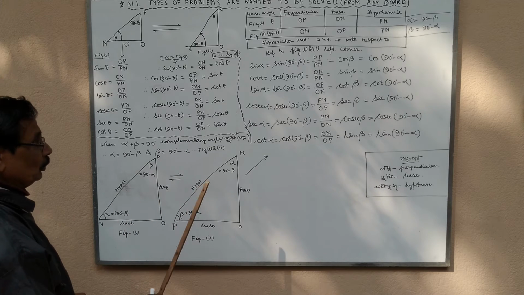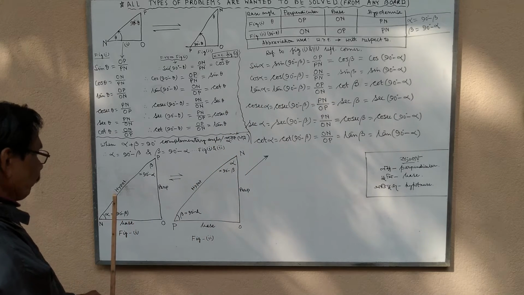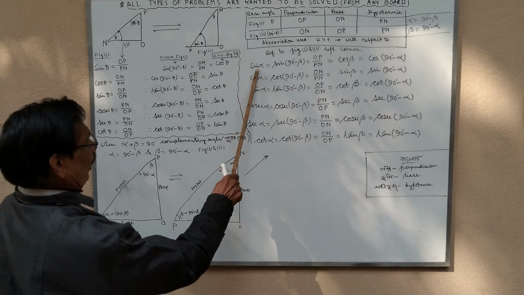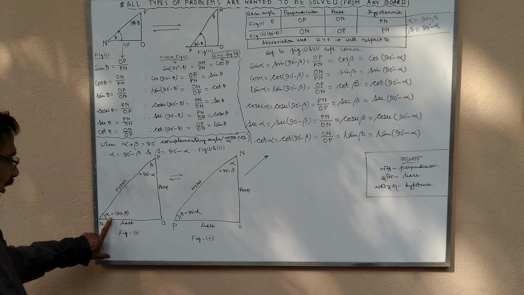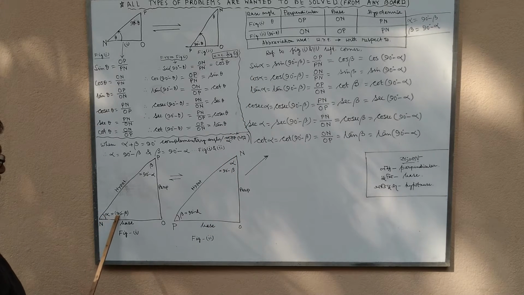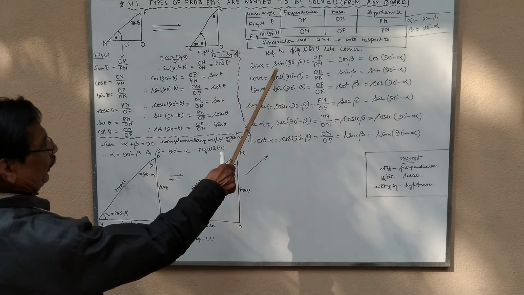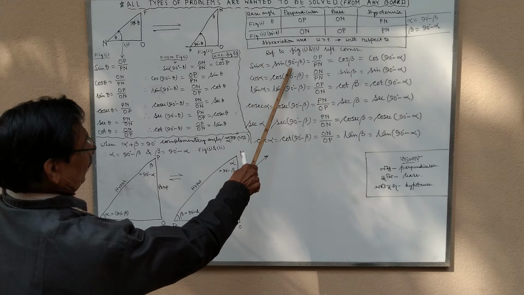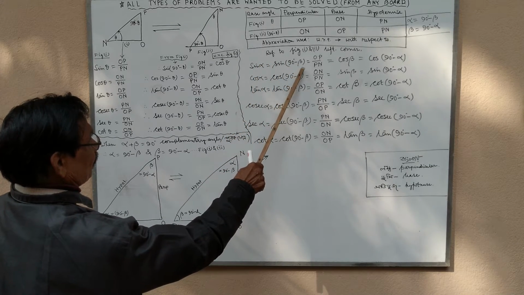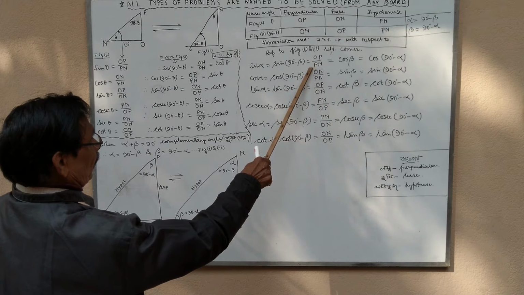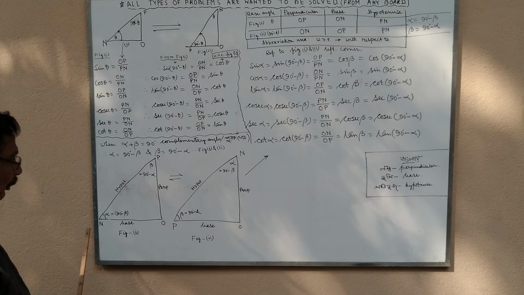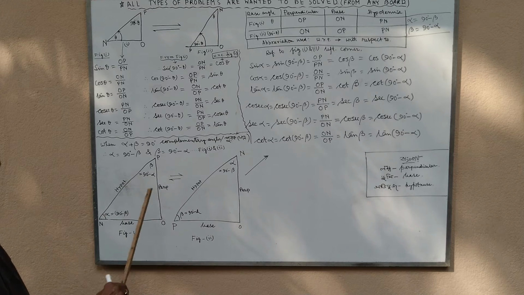Now we'll go through the formula. Sin alpha, alpha equals 90 degree minus beta. Sin of 90 degree minus beta equals perpendicular by hypotenuse with respect to this figure.